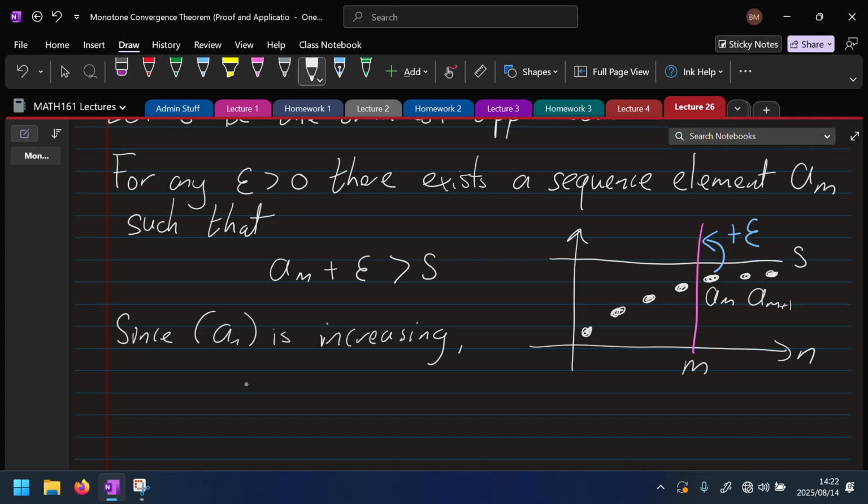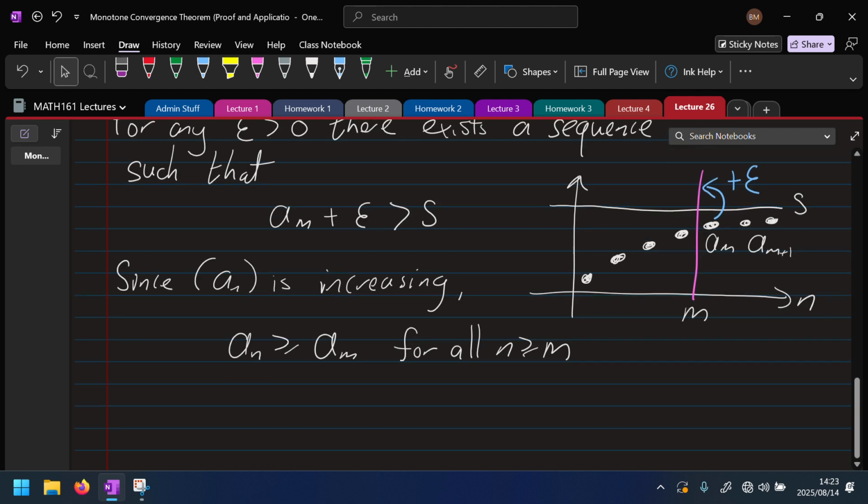So we have a_n is greater than or equal to a_m for all n greater than or equal to m. Any confusion with that?